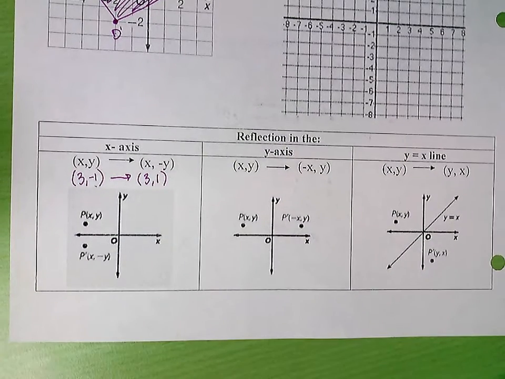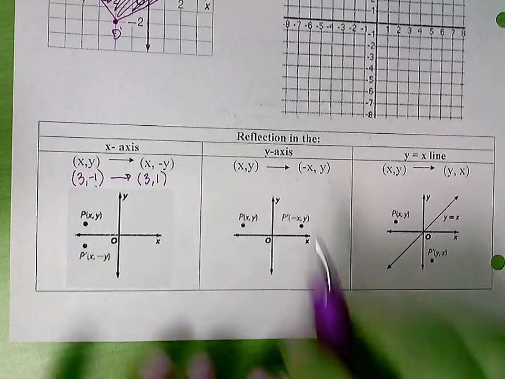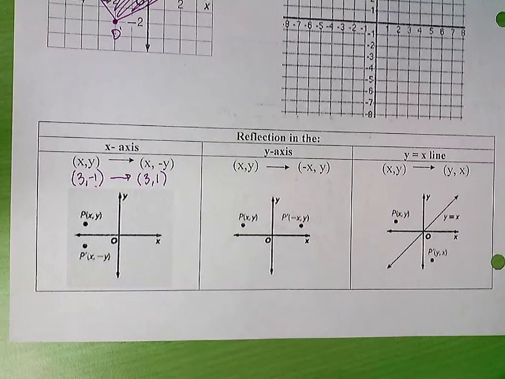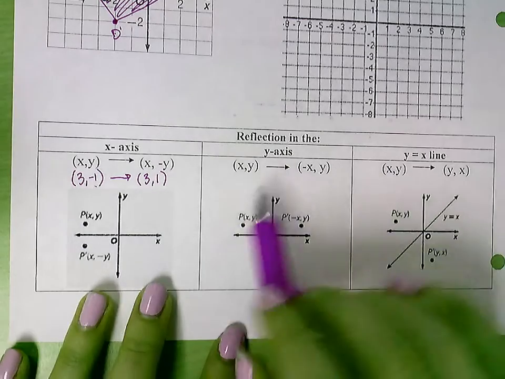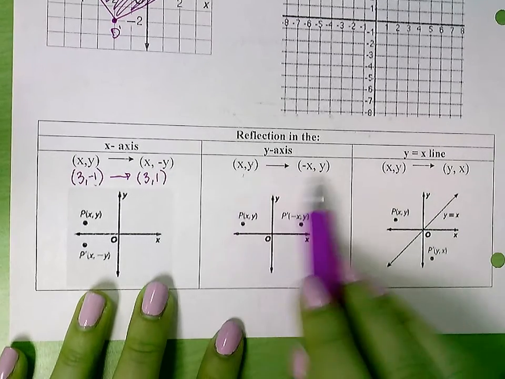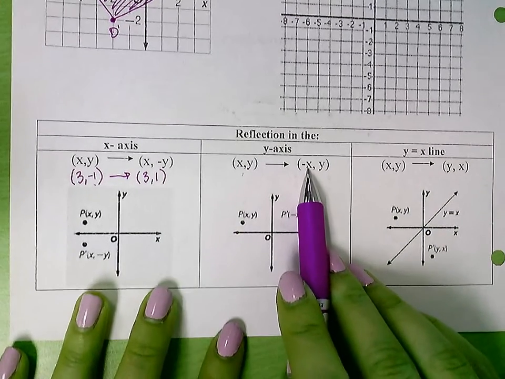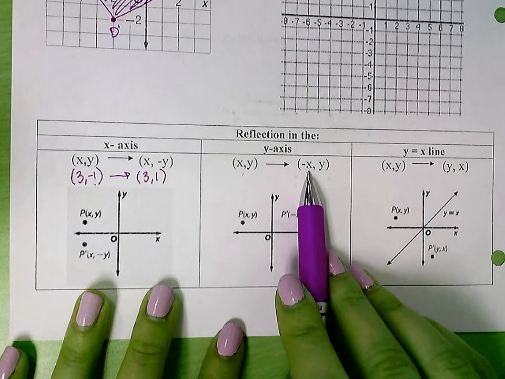So for some of these, you don't even need to graph it. If you're reflecting in the x-axis, you just take the opposite sign of your y value. In the y-axis, so if your line of reflection is the y-axis, you take your original coordinate, and this time you take the opposite of your x value.